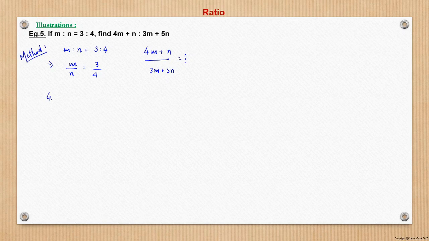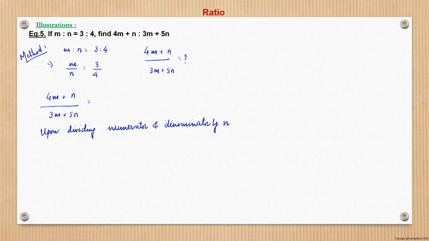So here it is (4m plus n) by (3m plus 5n). We will divide numerator and denominator by n.